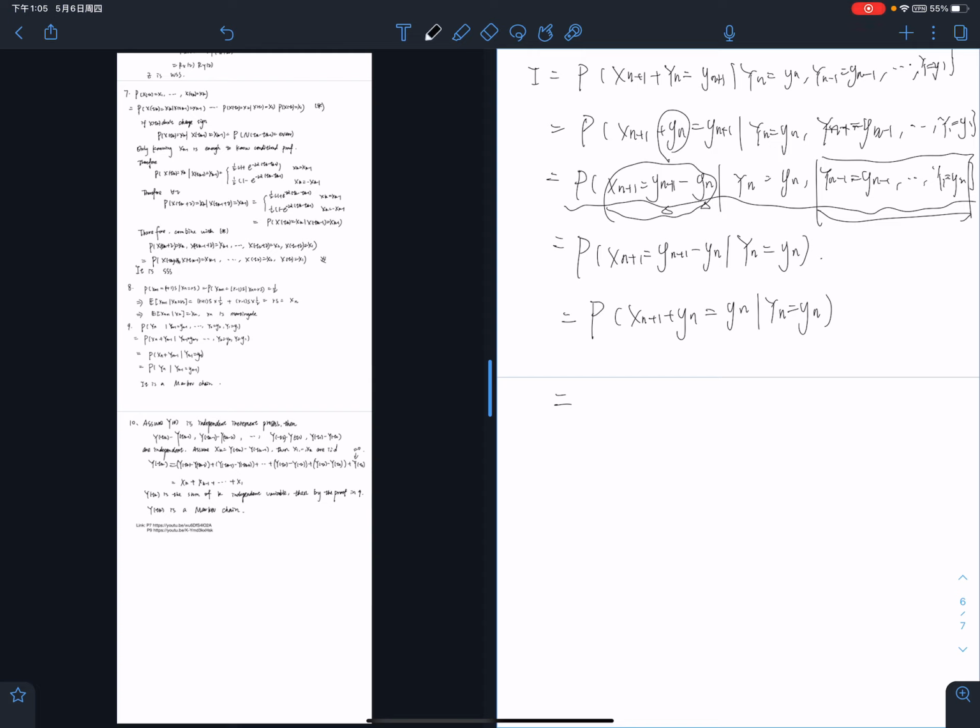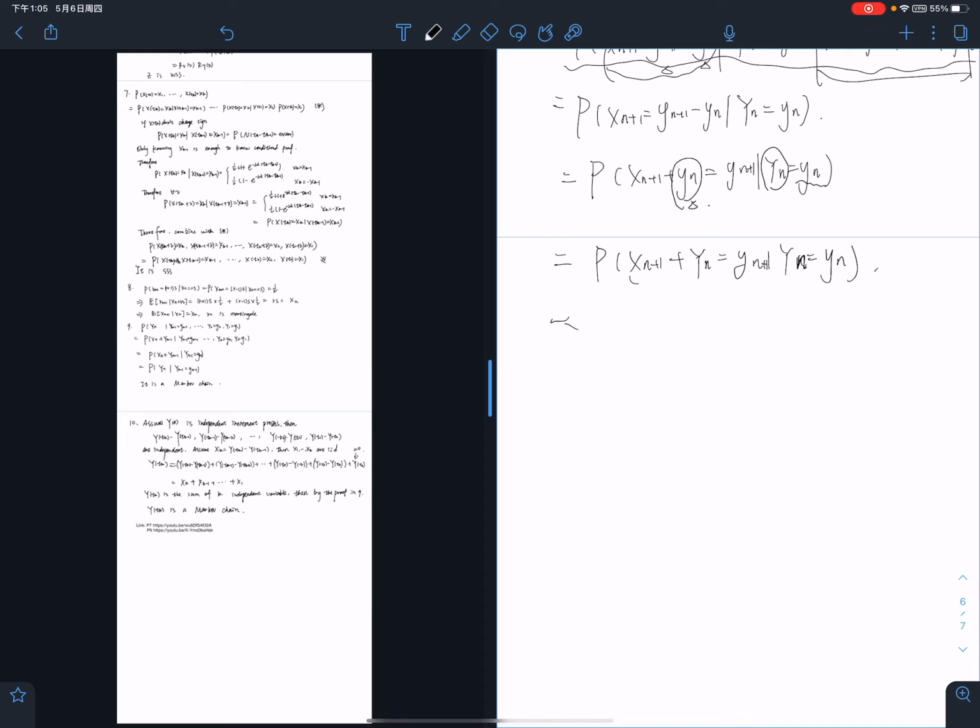Because the value of the random variable Yn is exactly yn, we can use the random variable to replace this term. So this is P(Yn+1 = yn+1 | Yn = yn).